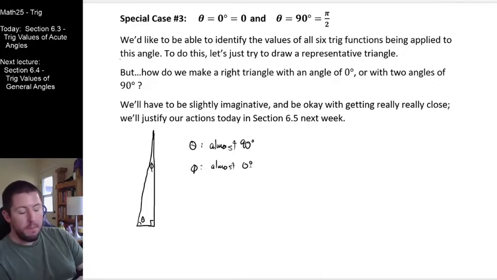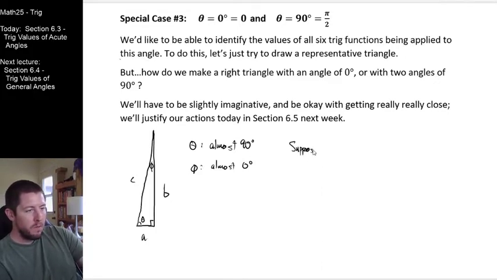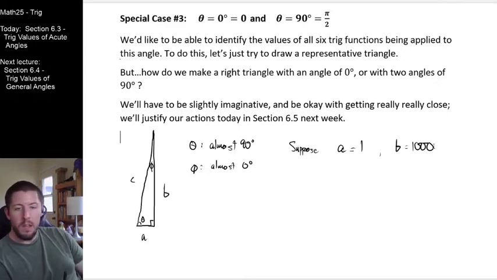Like how extreme? Let's just say this. I'm going to label these A, B, C. And let's make this an extreme triangle. I want to make the side length b 1,000, but let's only make a 1.